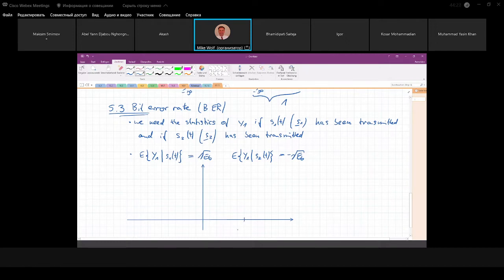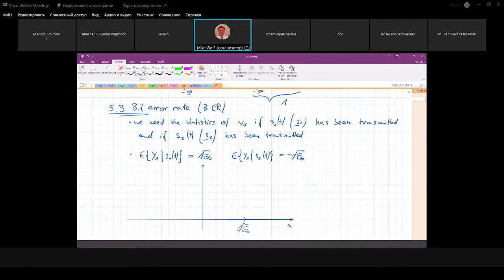Without noise, we get exactly square root of E. If there wouldn't be noise, and I know S1 has been transmitted, there is a Dirac delta pulse in the probability density function, because it's for sure I always get the value square root of E.